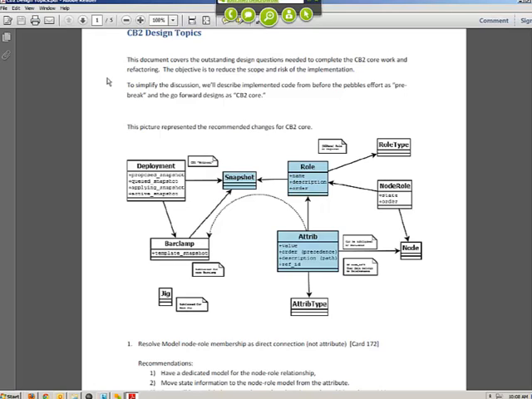And part of the realization here, when we got right to the end of the pre-break work, was that we were really trying to bite off a lot of orchestration effort inside of the Crowbar Core work.